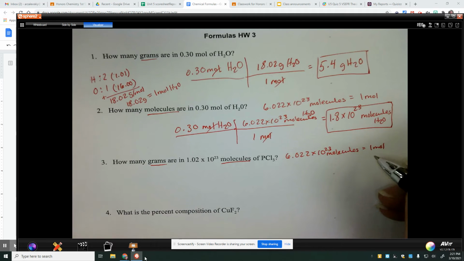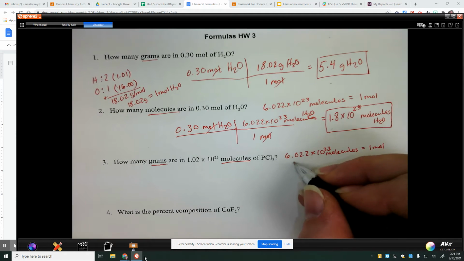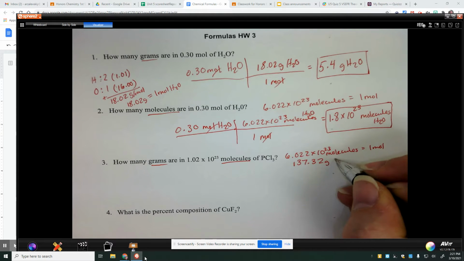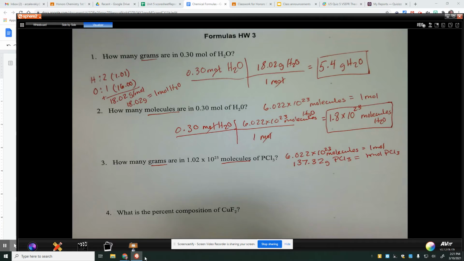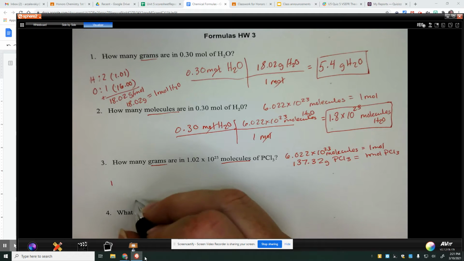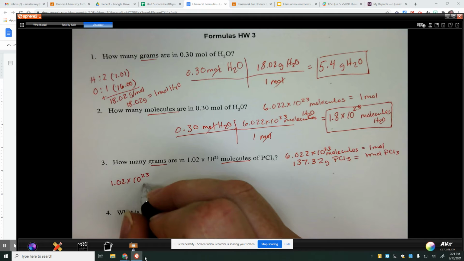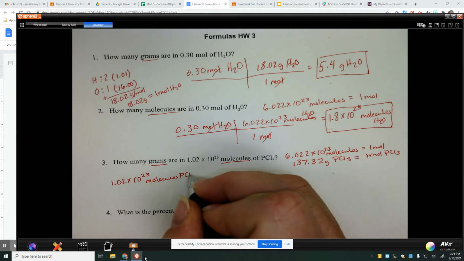And I gave you in the problem the molar mass of this PCl3 as 137.32 grams of PCl3 equals 1 mole PCl3. Okay, so now we're going to start with the number they give us in the problem. So that's going to be 1.02 times 10 to the 23rd molecules of PCl3.